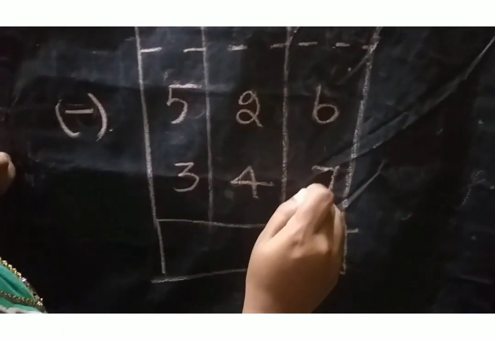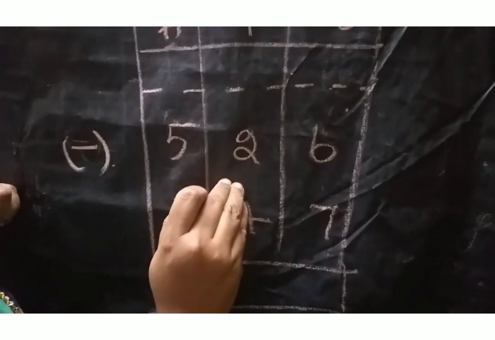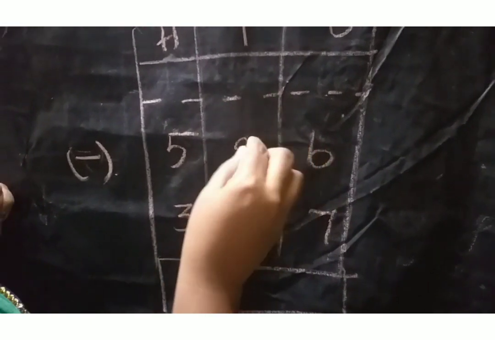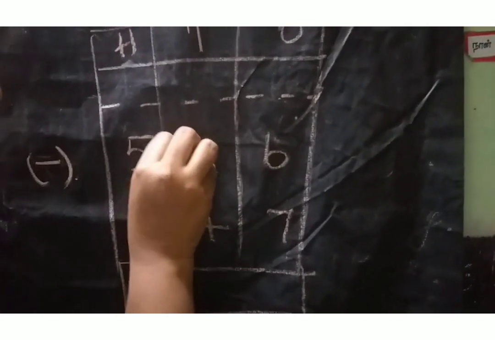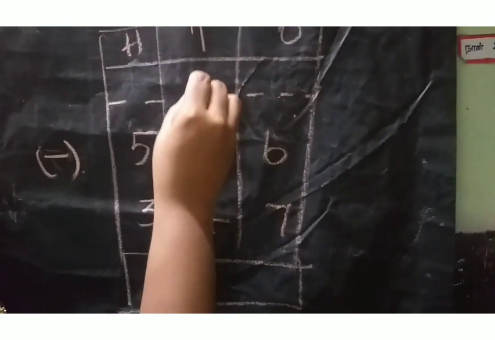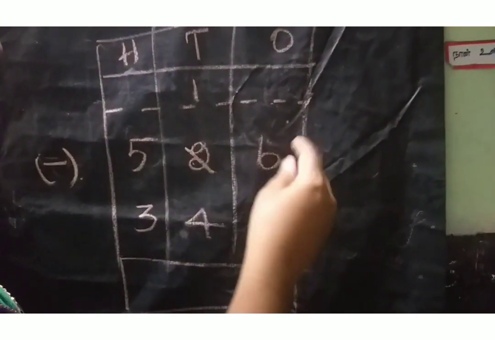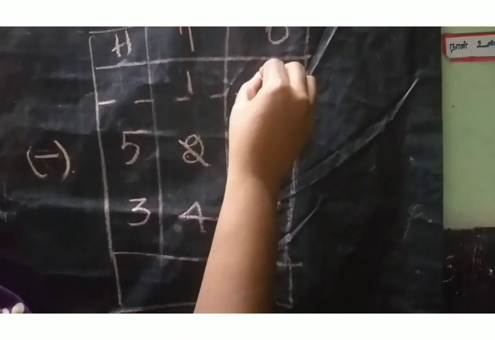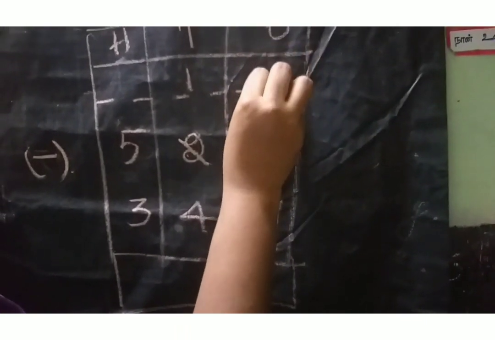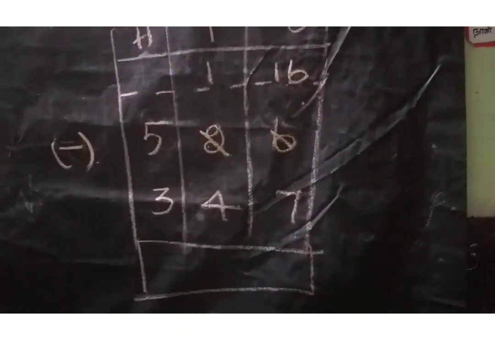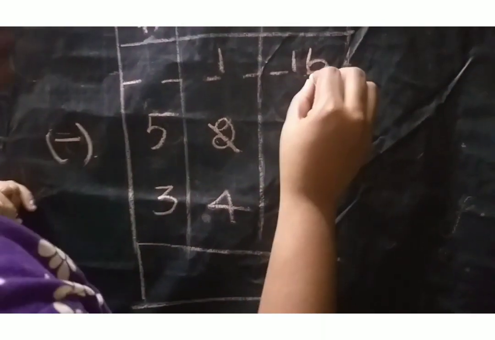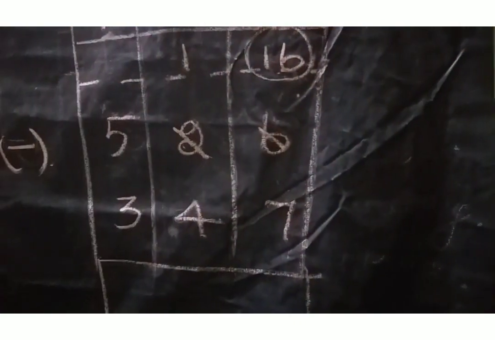Below means you should borrow from the nearest one. When you borrow, you have to cut immediately and write the before number. And next, where you give, you should give the one right before the number. Okay, now you got 16.